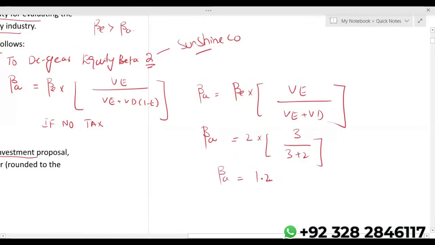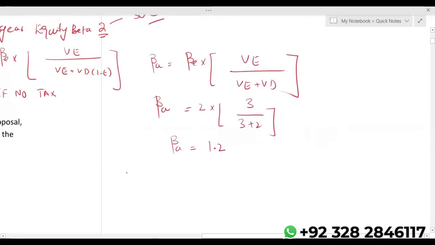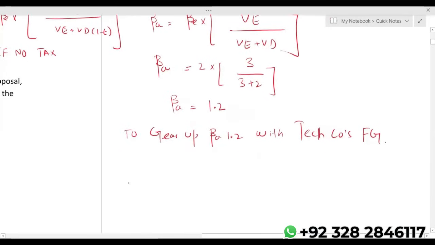Now we need to gear up this beta asset with the tech company's financial gearing. To gear up beta asset 1.2 with tech company's financial gearing, we need beta equity.